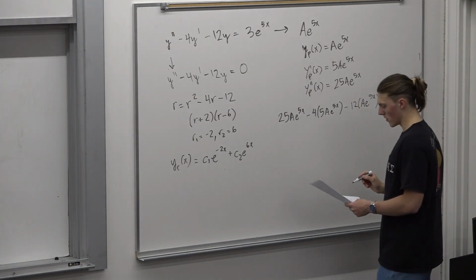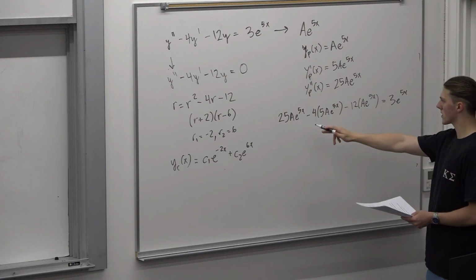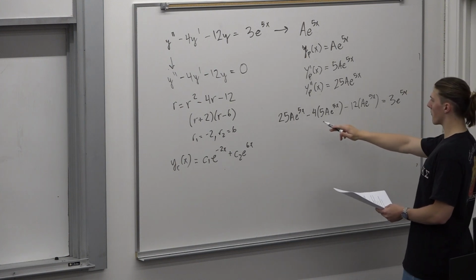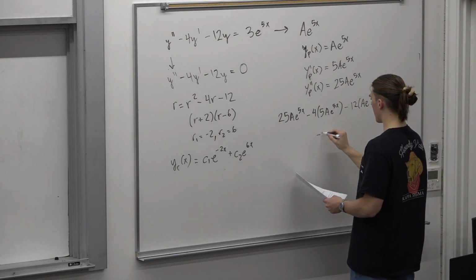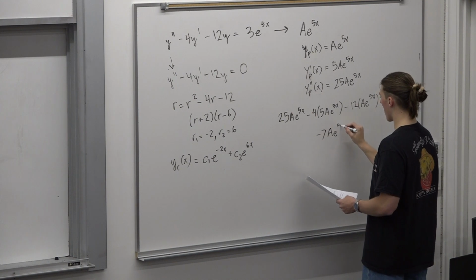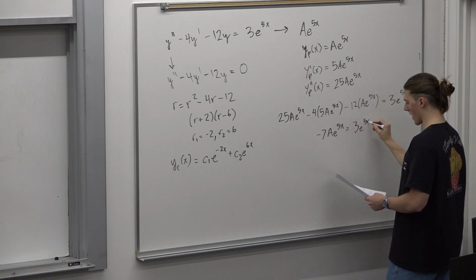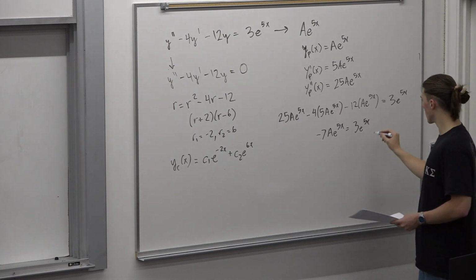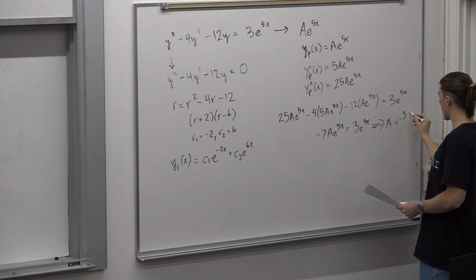What we have here is just algebra, 25 minus 20 minus 12. We get negative 7a e to the 5x equals 3e to the 5x. This means a is negative 3 over 7.